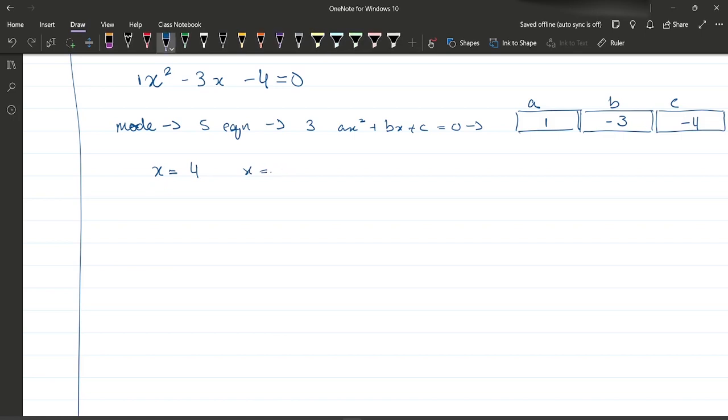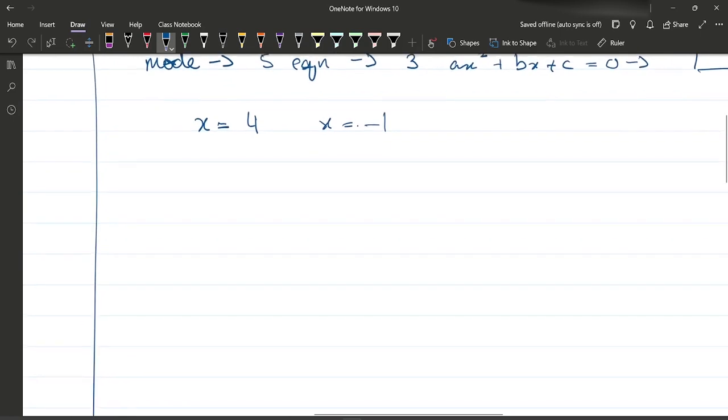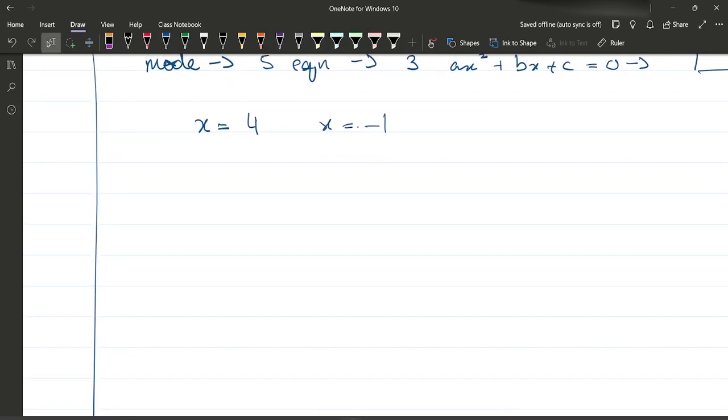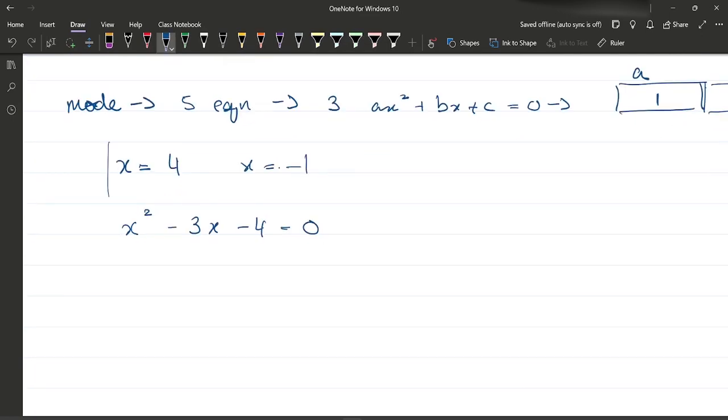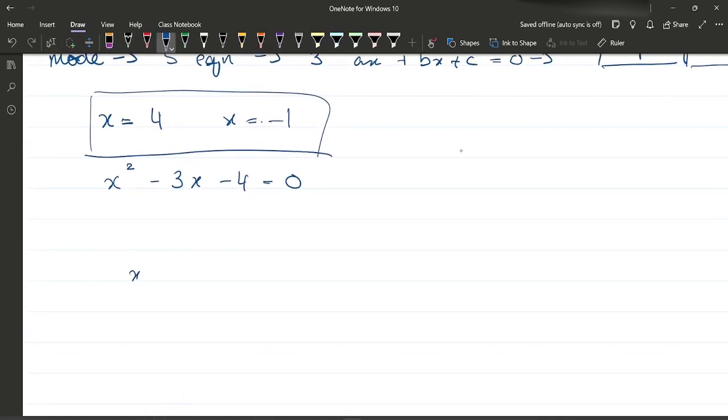And if you're expected to be doing this without a calculator, you have to kind of work backwards. So let's say the question said you have x squared minus 3x minus 4 equals 0. Use a calculator to find these and then write this down: x equals 4, or just write x minus 4 and x plus 1 equals 0 still.